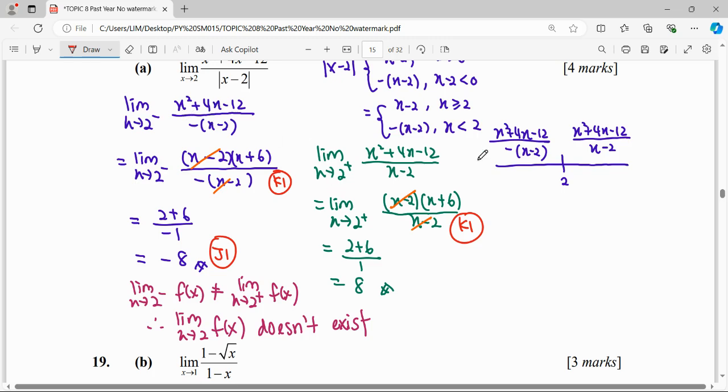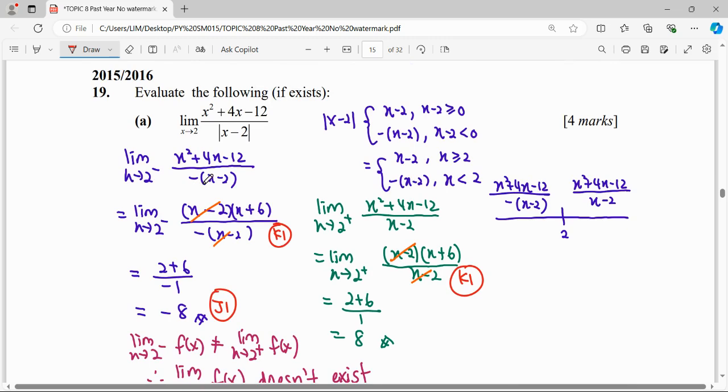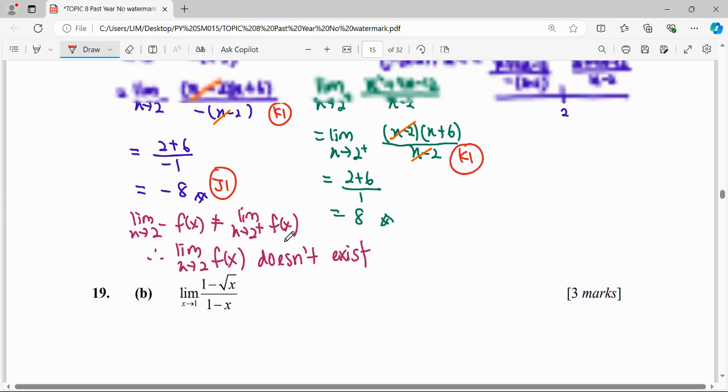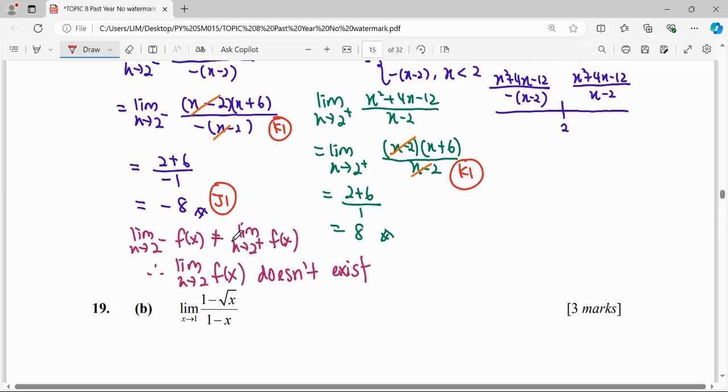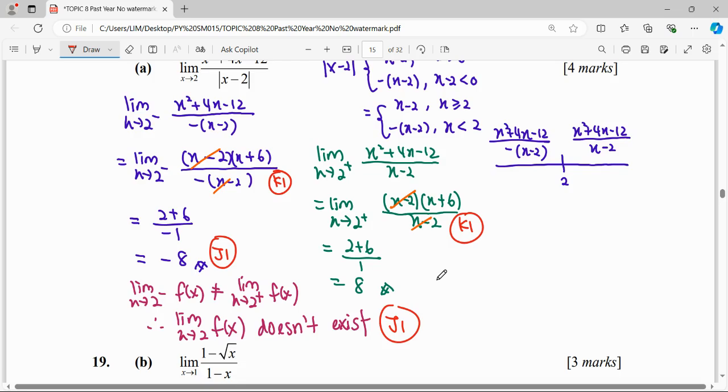For the left-hand side, we select the function of the modulus with negative. For the right-hand side, we select the function of the modulus in piecewise form with positive. Then, with the reason that the left-hand limit is not the same as the right-hand limit, we find that this limit does not exist.